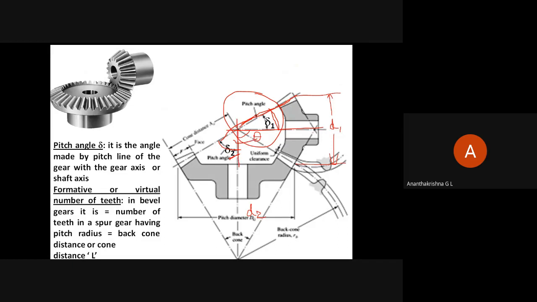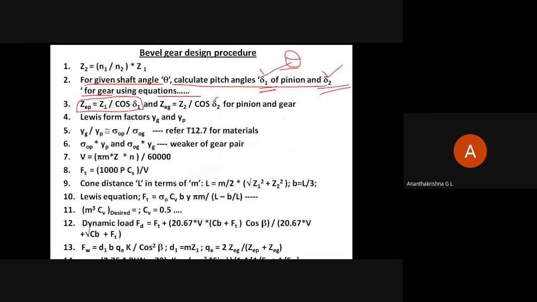So pitch angle is the angle made by the pitch line with reference to shaft axis. Once you find delta 1 and delta 2, we need to calculate virtual number of teeth on pinion and gear by using the equations Z1 dash is equal to Z1 by cos delta 1, and Z2 dash for gear is equal to Z2 by cos delta 2. Then we need to find Lewis form factor using same equations as we have used in spur gear design.